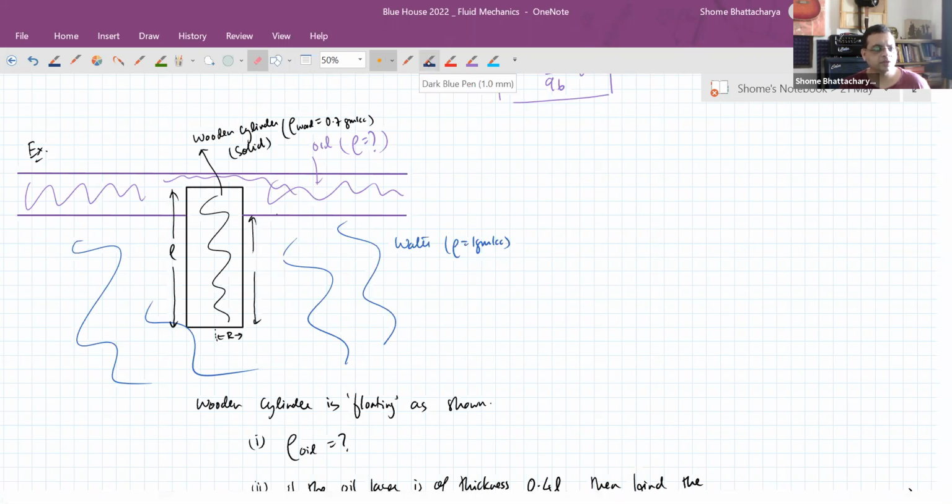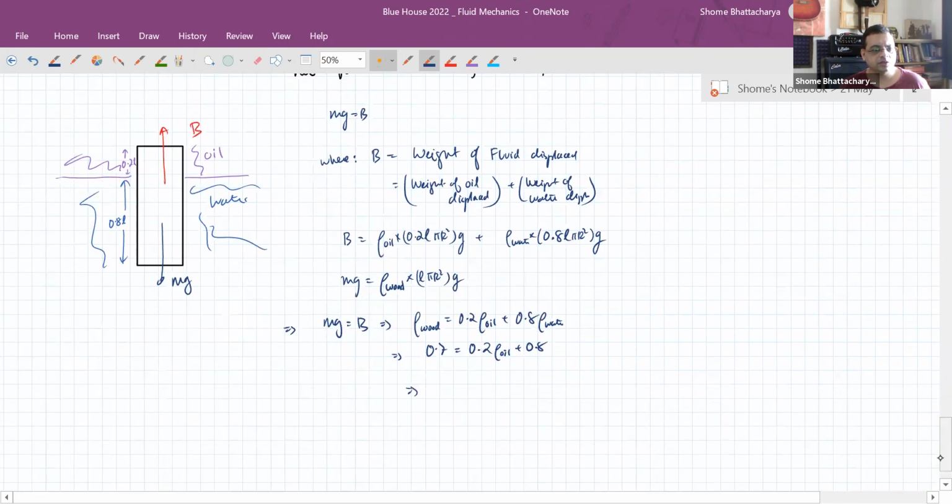If it was made of some heavier material like ice or something, this would have been possible. So let's change this to 0.6 L. Now we'll see that it is logically possible. These values are going to change.